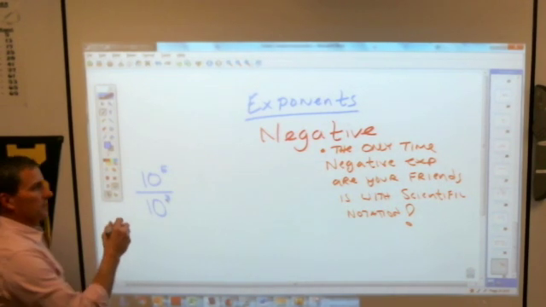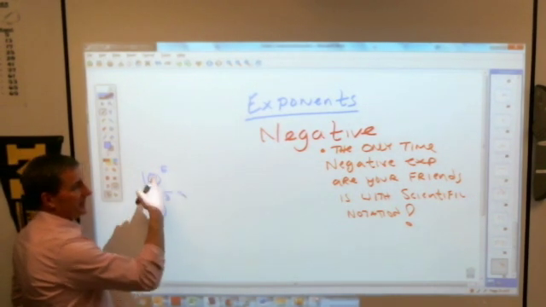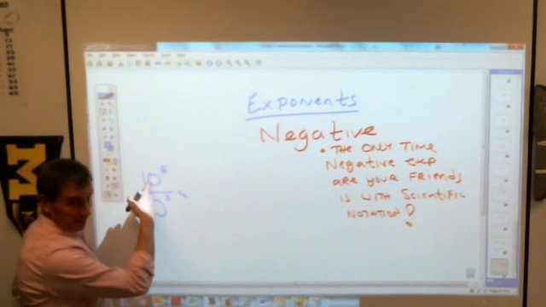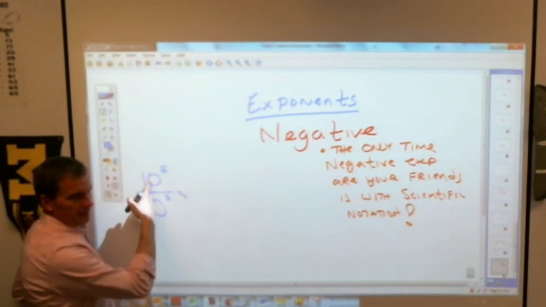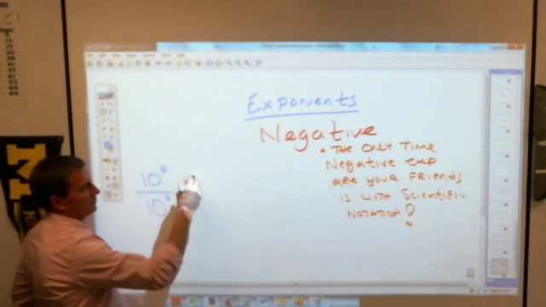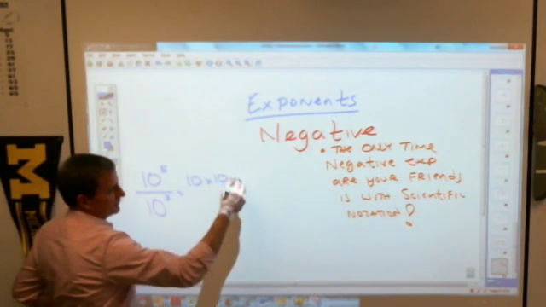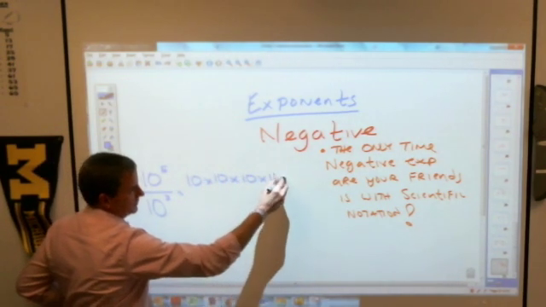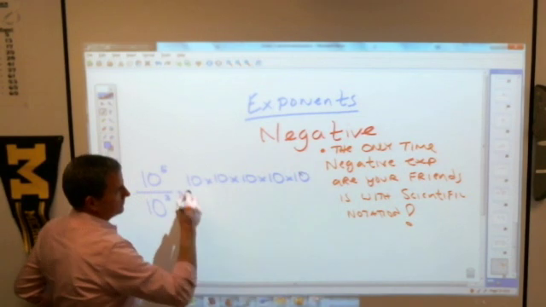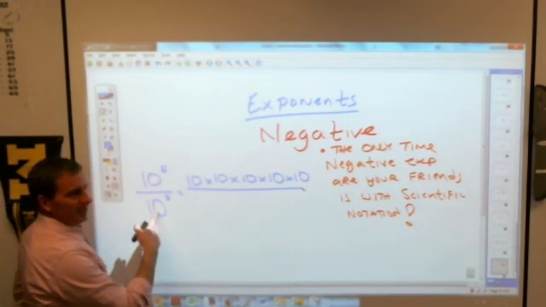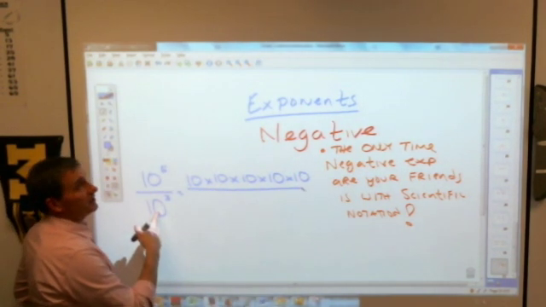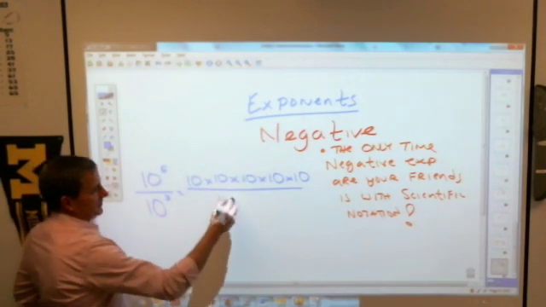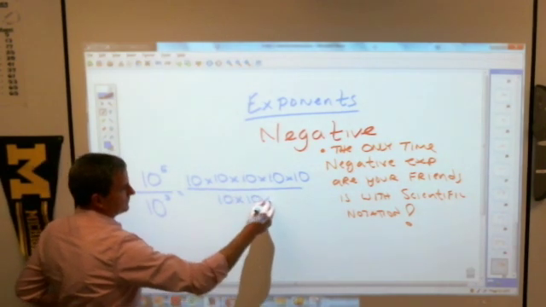What does that mean except this? That means I have 5 tens times themselves, right? Just nod your head if that even makes any sense to you. So you have 10 times 10 times 10 times 10 times 10. And then on the bottom I have 3 tens times themselves, right?